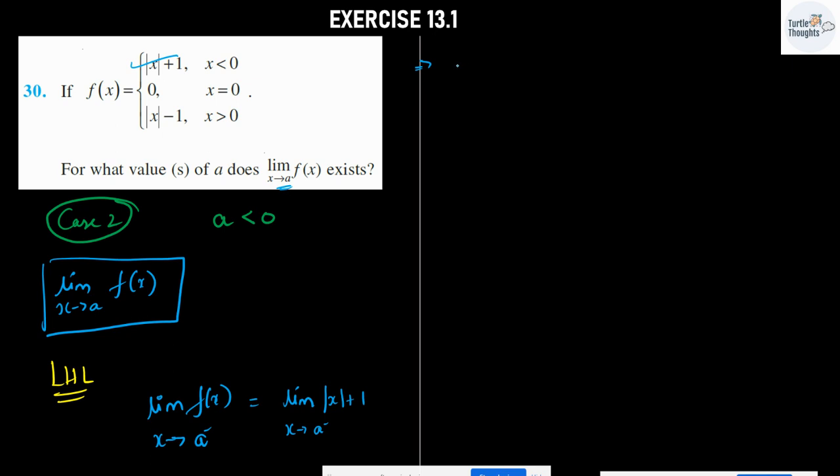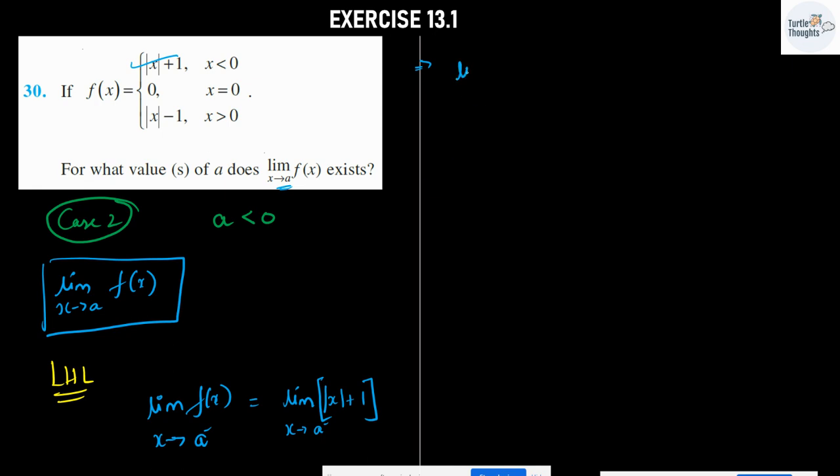When a is less than 0, minus a. Minus a. What do you think the value of it is going to be? Okay, or else what I'm going to do is, let me leave this as it is as of now.